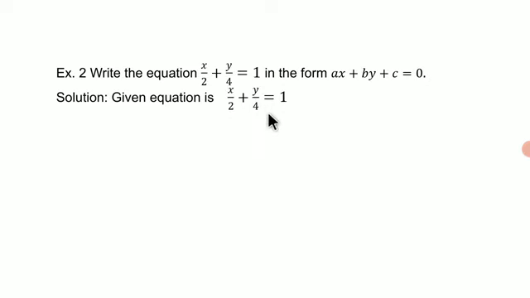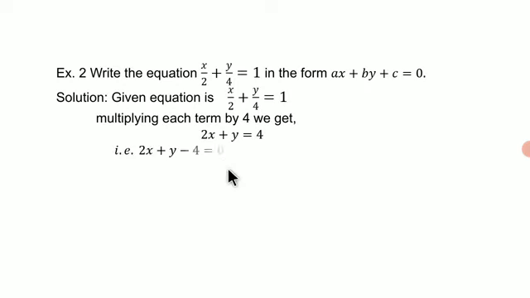Now we observe the LCM in LHS is 4. So we multiply each term of both the sides by 4. We get 2x plus y is equal to 4. Take this 4 in LHS, it becomes negative. So we get 2x plus y minus 4 is equal to 0, which is of the form ax plus by plus c is equal to 0.